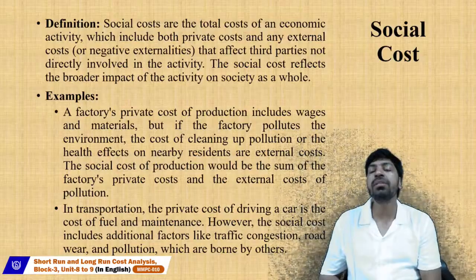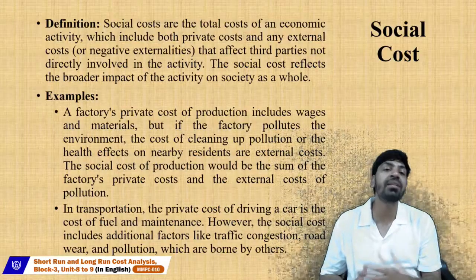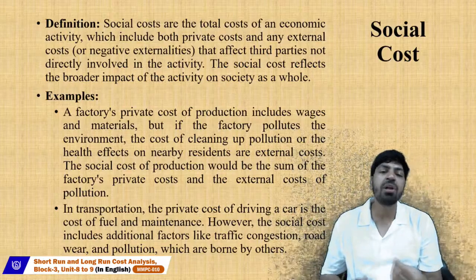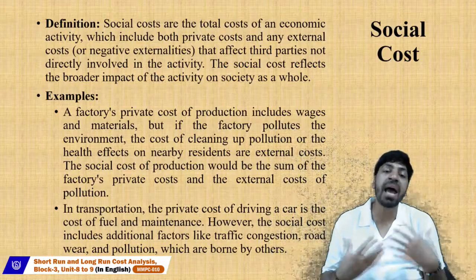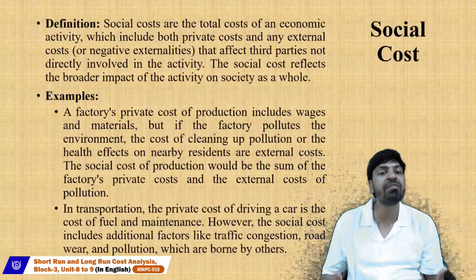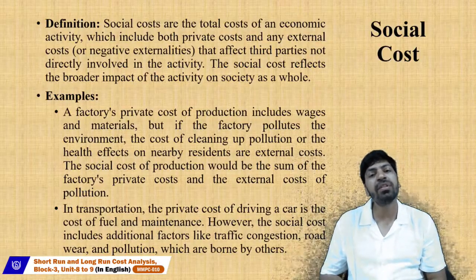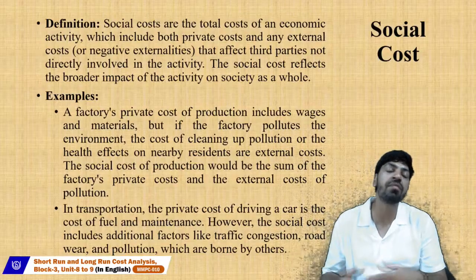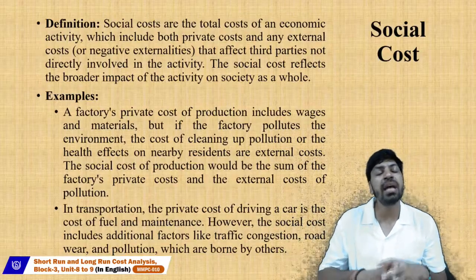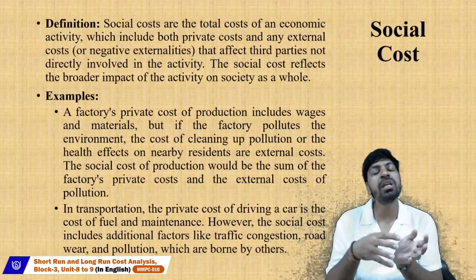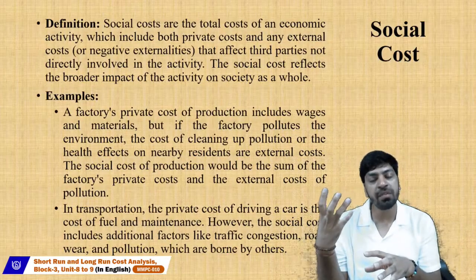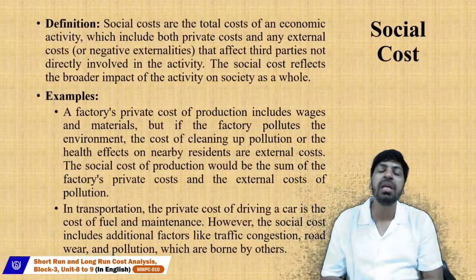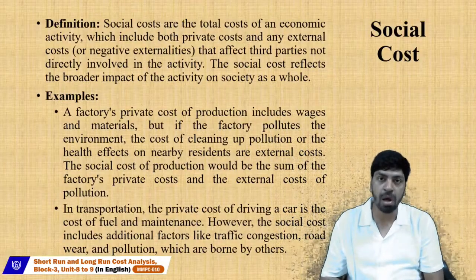Social cost reflects the broader impact of activities on society as a whole. It doesn't only talk about private costs and private benefits, but also refers to activities that belong to the welfare of society, and whatever cost is involved in any activity that belongs to society as a whole becomes the social cost.